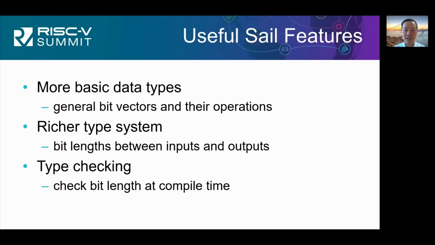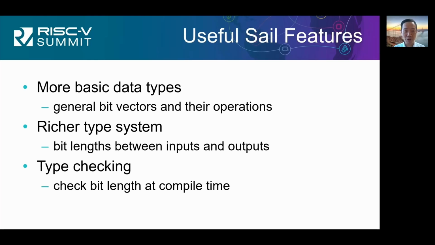And also in CL, we can specify the input and output bit length more easily using its type system. For example, we can say if we get 8-bit input, then the output of this function can be 16-bit or 8-bit bit vectors.